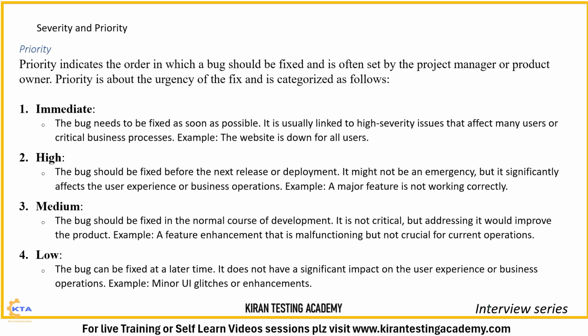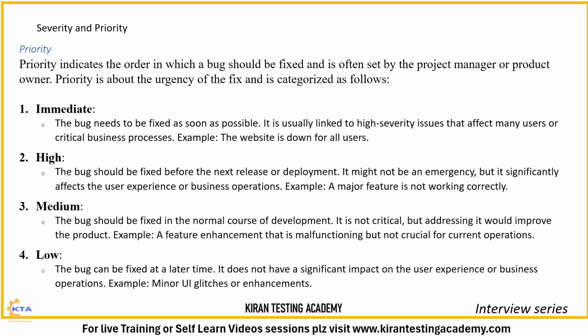So priority indicates the order in which bugs should be fixed. Generally it is given by the test lead or the tester, but in most cases the product owner may also change it, even in the severity case. Ultimately, priority and severity are initially given by the one who identified the bug, while raising the bug.